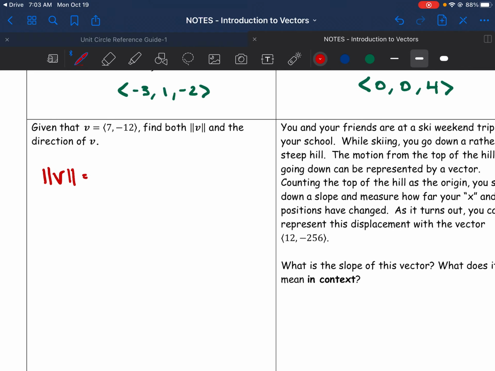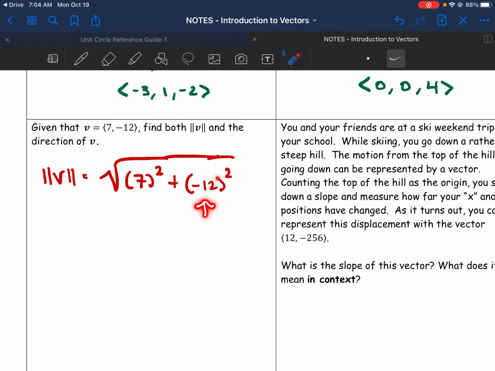To find the magnitude of v, we would simply take the square root of the sum of those components squared. So the x component squared, 7 squared, plus the y component squared, negative 12 squared. Notice that the y component is negative, so I have these parentheses. Pretty important, especially when you plug it into the calculator here.